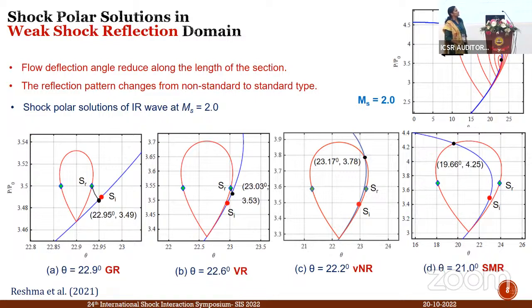So there was a visible transition from a Guderley reflection, which is an analytical result, plotted using four-wave theory in the shock polar. And then there was Vasilev reflection, von Neumann, and simple Mach reflection. So all kinds of reflections can be seen in such a study.